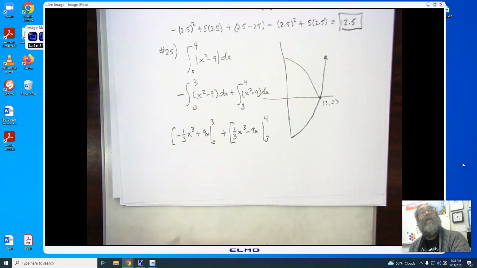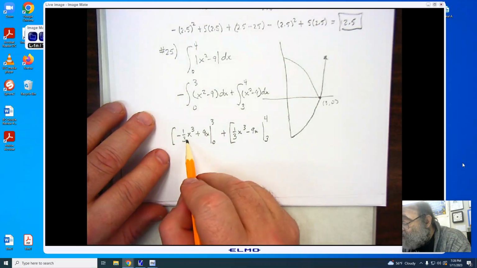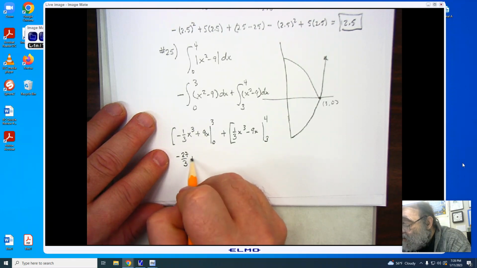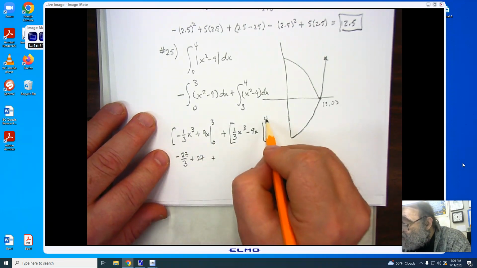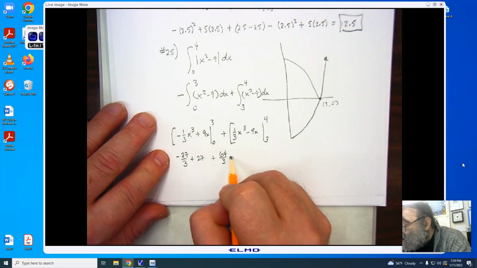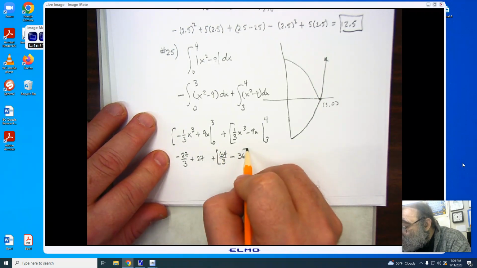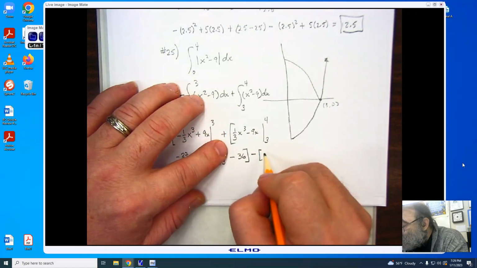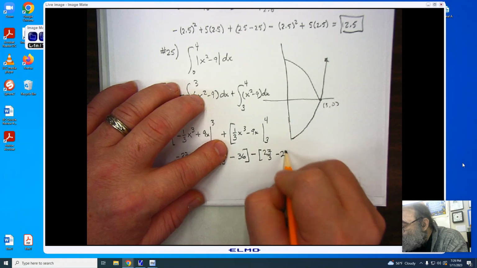And we're now going to do both of these pieces, add them together to find our answer. So you'll notice we're going to get negative 27 divided by 3 plus 27 minus 0. This is now giving me 64 over 3 minus 36 minus 27 over 3 minus 27.